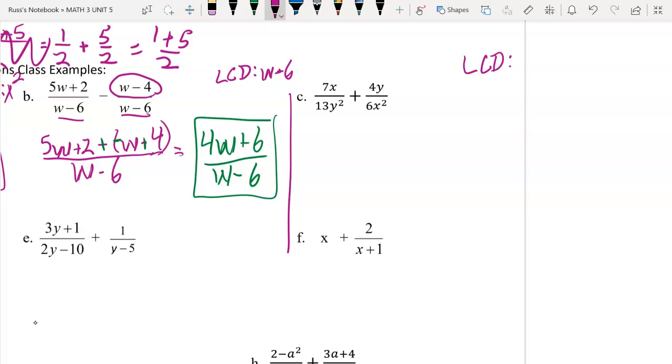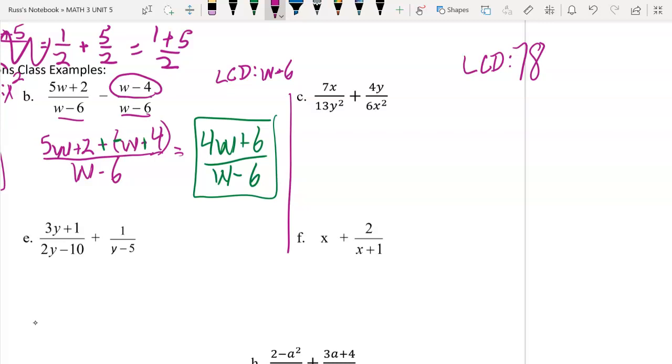This always works. It will not always give you the least common denominator, but it will give you a common denominator if you multiply the two things completely together. In this case, because the only factor 13 and 6 have in common is 1, we have to make it 78.